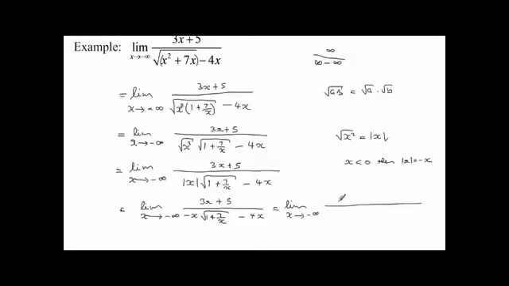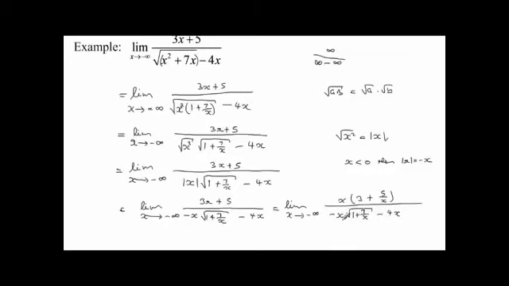We're going to take out x as a common factor in the numerator, and then we've got 3 plus 5 over x, all over minus x multiplied by the square root of 1 plus 7 over x, minus 4x.